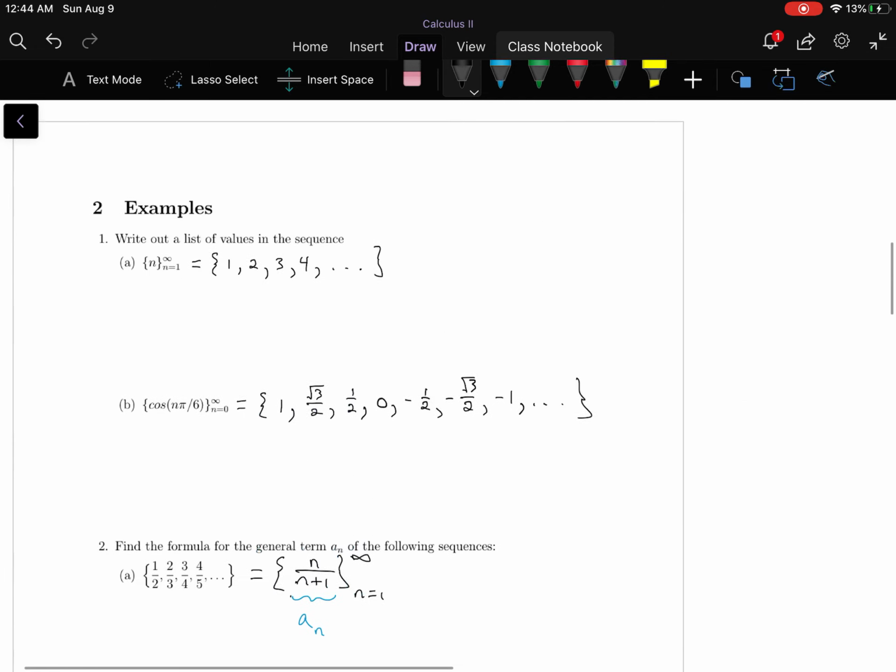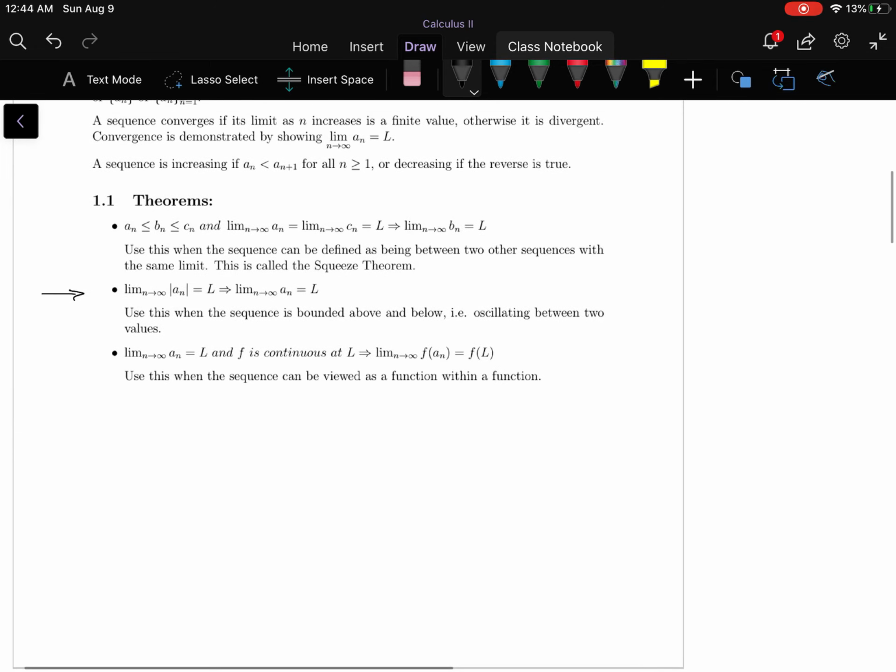And that makes use of the third theorem, which is appropriate when you have a function within a function. And so this says essentially that if the limit of what's inside is finite, then the limit of the outside is the function evaluated at that limit value. And so that's what we did. We combined both of those into one shot.